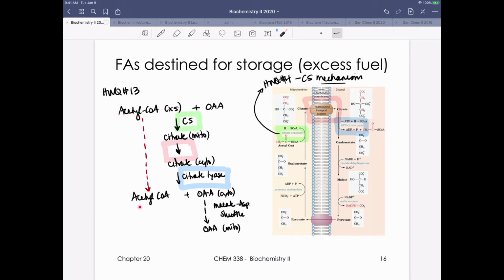So how do we get it out to be acetyl-CoA in the cytosol? Well, that again is one of these transport issues. We do not have a transporter for acetyl-CoA. It's kind of critical that we often don't see transporters for crucial branch point metabolites because we really want to control where they're going to be.